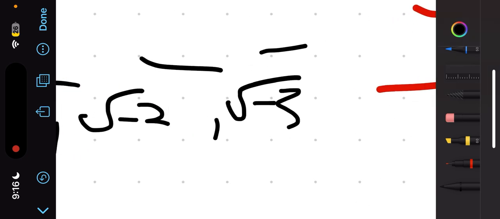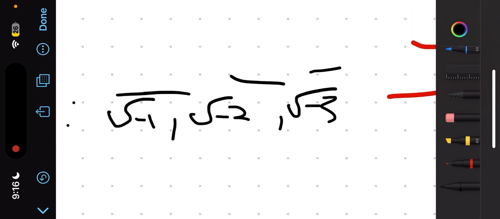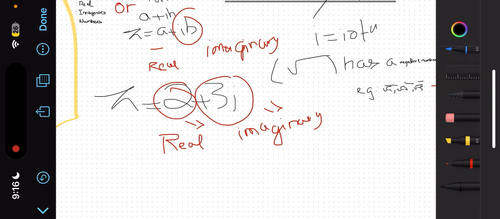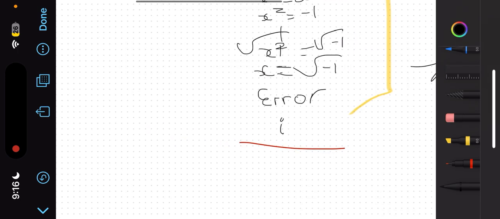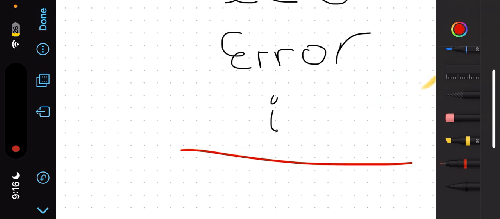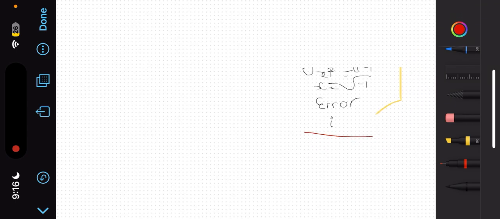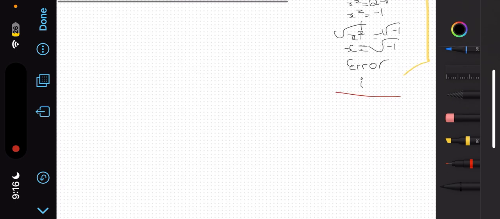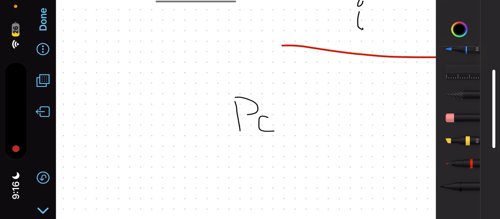Here's a homework. Go and try on your calculator: write the radical sign, then -1 or -2 or anything, but with the minus sign. It will always give an error. We will not write error, but we will write I. And this question will be known as a paradox.